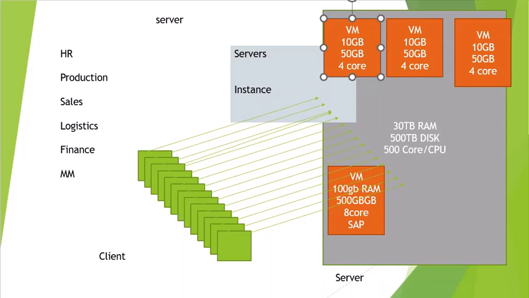Whatever you have physically available, you are logically assigning to particular computers. You are creating small partitions. The first one you will assign to HR, the second to production, the third to sales, for example.